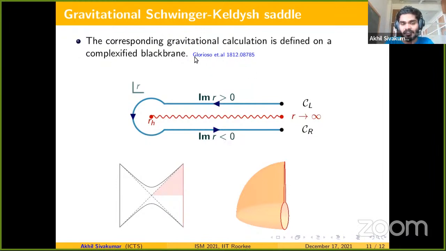There have been attempts at deriving such an object before, and this is a workable prescription for doing these calculations, where they think of this black hole as a complexification of a usual Schwarzschild black hole, where you consider the black hole in the ingoing Finkelstein time, which is crucial.